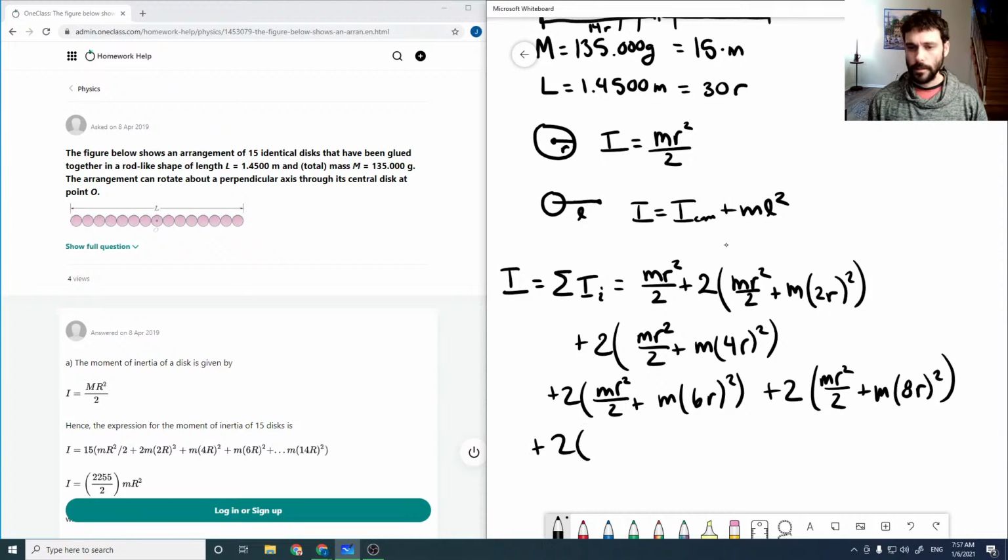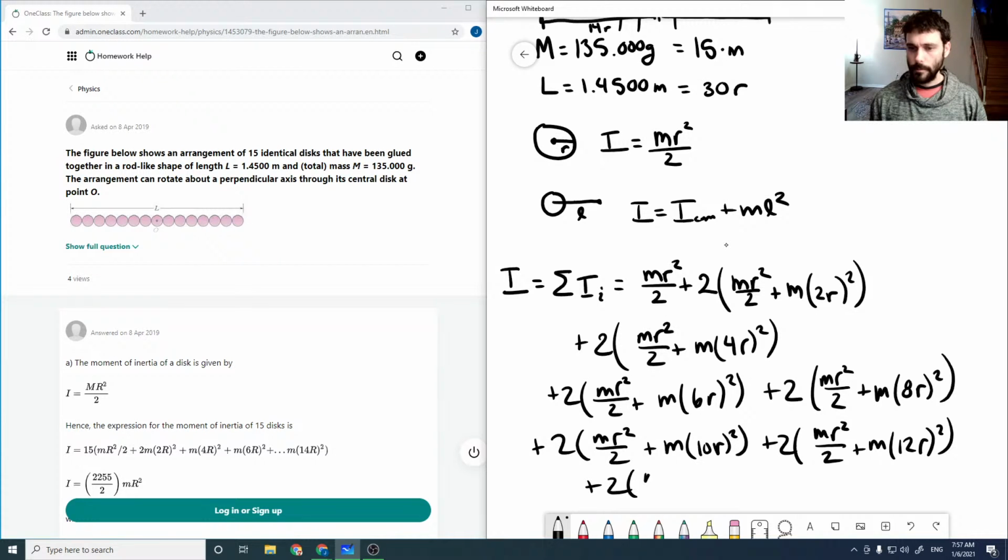And again, the next nearest neighbors, and the next, and finally the last.